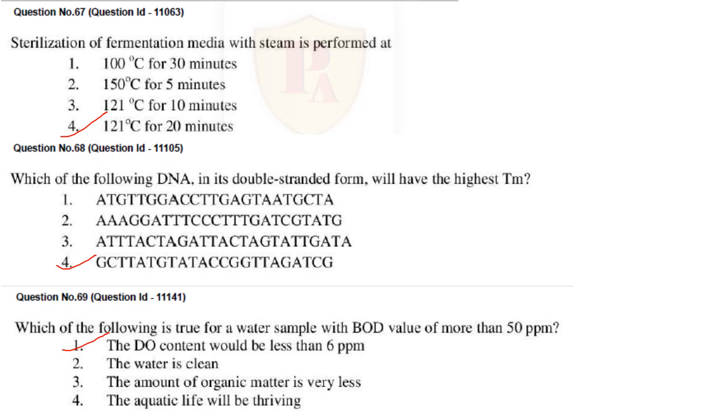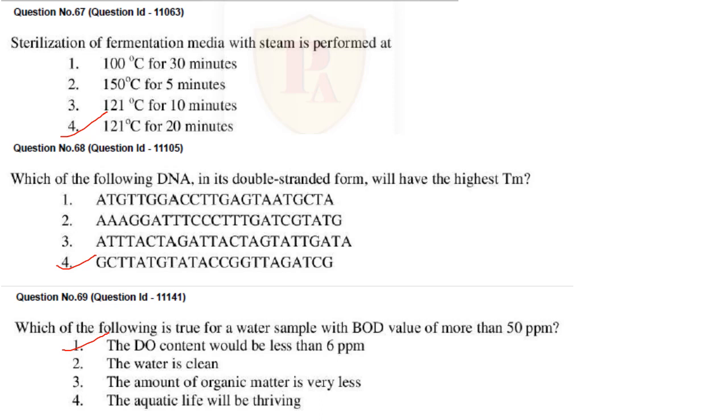The one in which there is the maximum number of C triple bond G bonds will have the highest Tm. This is because C triple bond G is more difficult to break than A double bond T. So you have to see which one has more content of G and C.